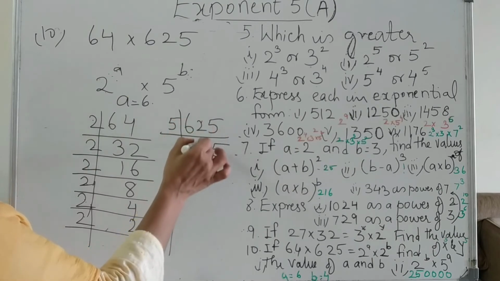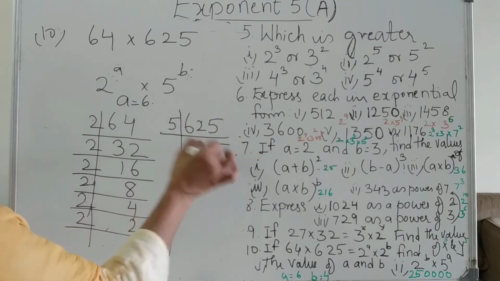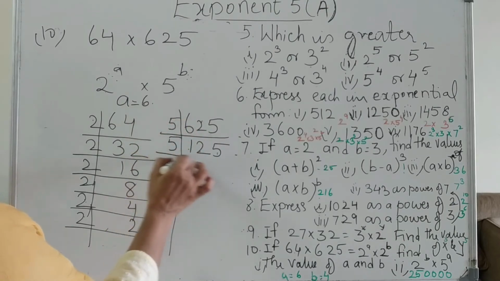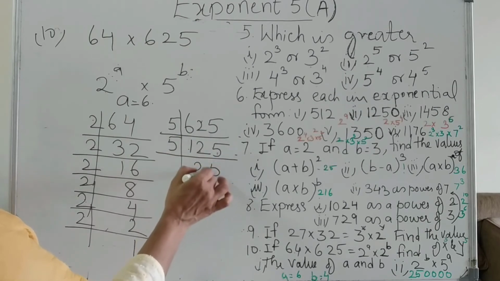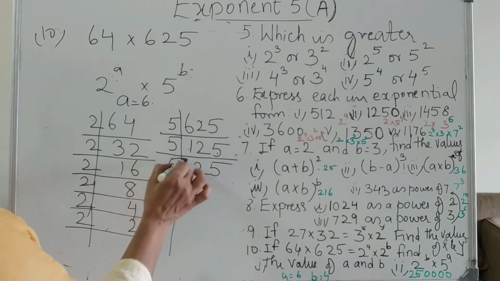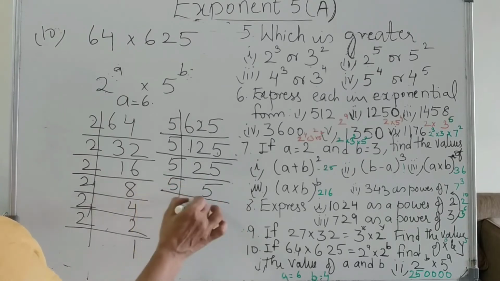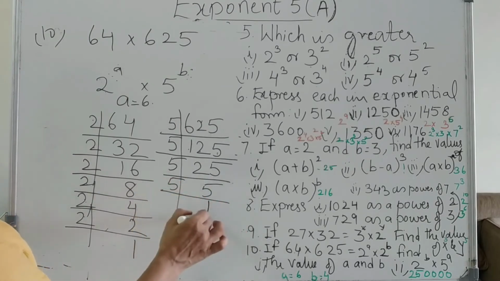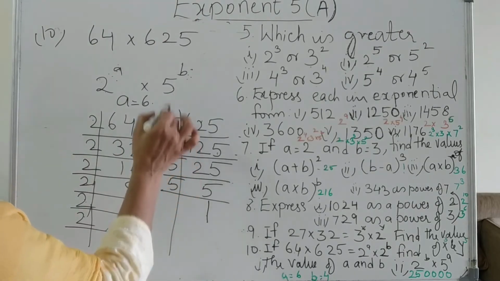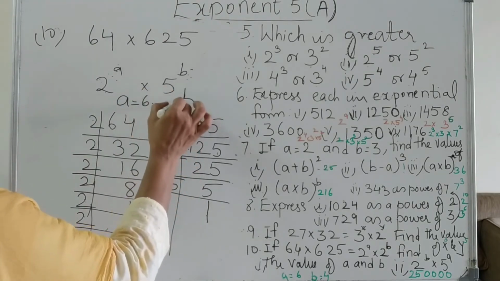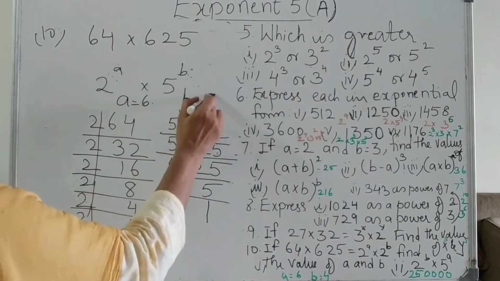Again you can divide by 5. 5 5s are 25. Again 5 5s are 25, and now it is 1. So how many times 5? 1, 2, 3, 4. B is here 4.